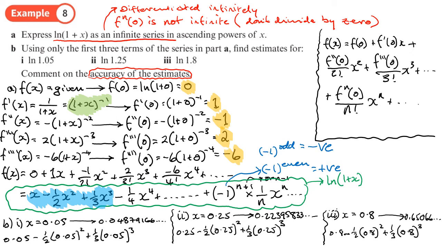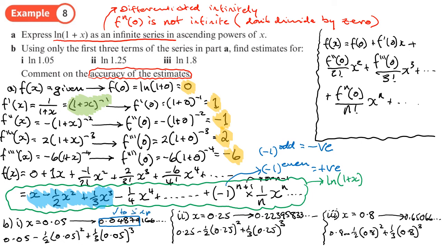If I work out the natural log of 1.05, I get 0.04879... So for the first 1, 2, 3, 4, 5 decimal places, it's correct. So this part of the expansion, if you rounded it to 5 decimal places, is correct. So I'd say correct to 5 dp here.